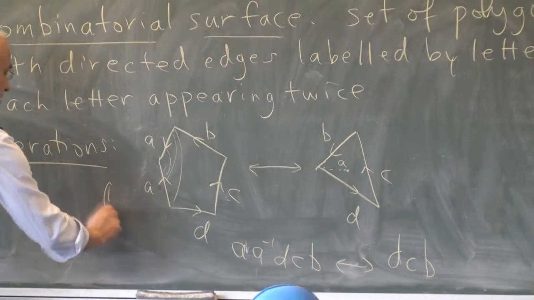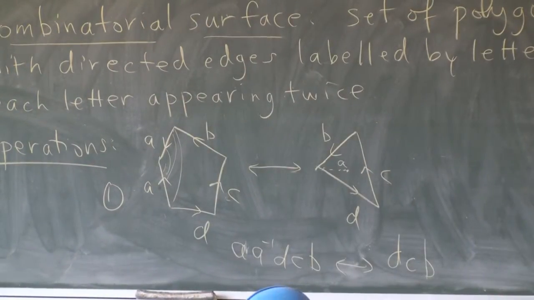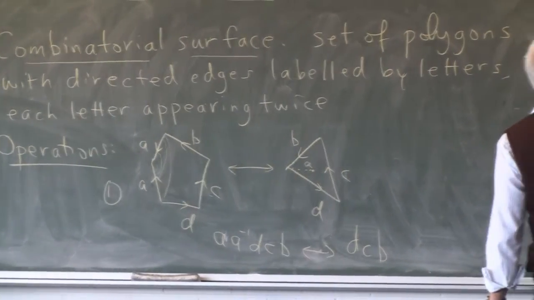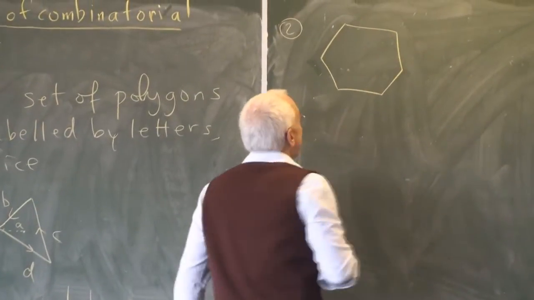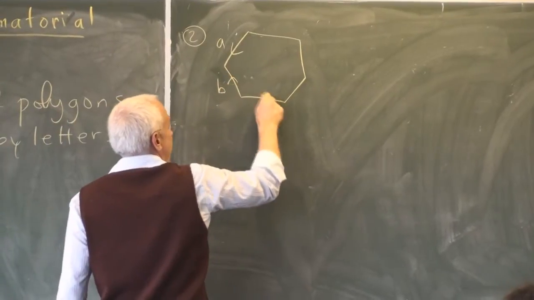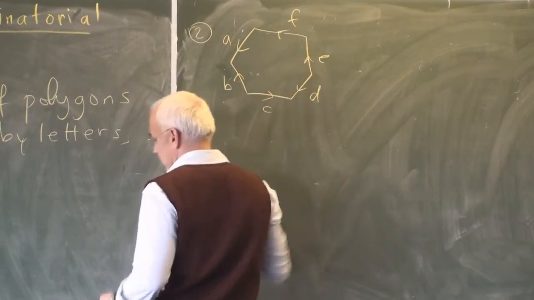That's our first operation. And the second operation is cutting and pasting, essentially. So we have some polygon, A, B, C, D, E, F, let's say.